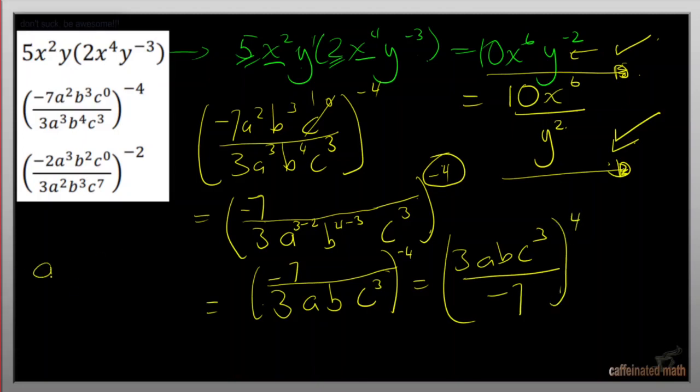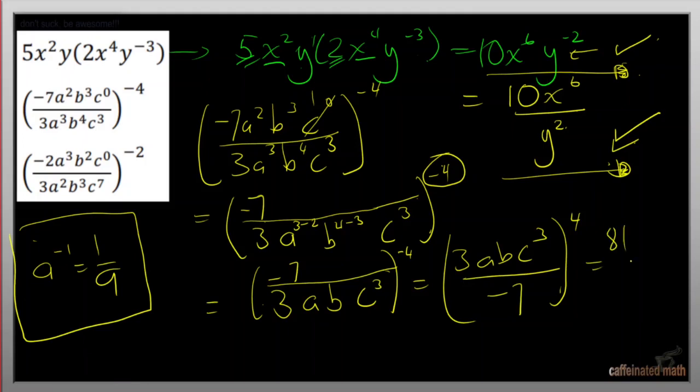Remember, a to the power negative 1 is nothing but 1 over a, so it flows out of that definition. 3 to the power 4 is 81, and then we have a to the power 4, b to the power 4, and c to the power 12 all over, and then negative 7 to the power 4 gives us 2401, and that's as good as that gets.